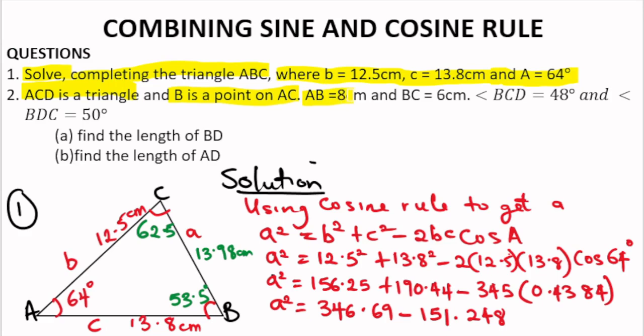AB is equal to 8 centimeters. BC is equal to 6 centimeters. Angle BCD is equal to 48 degrees, and angle BDC is equal to 50 degrees. So we'll have to put these parameters into our triangle.